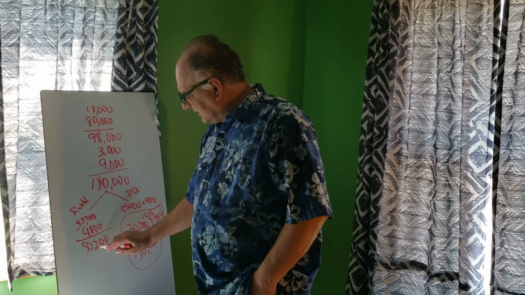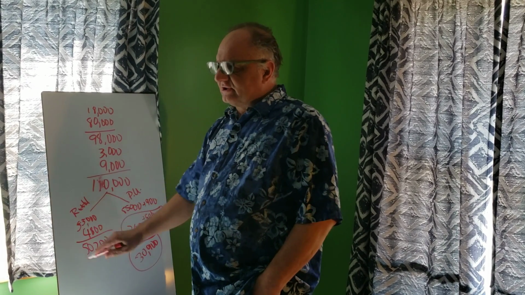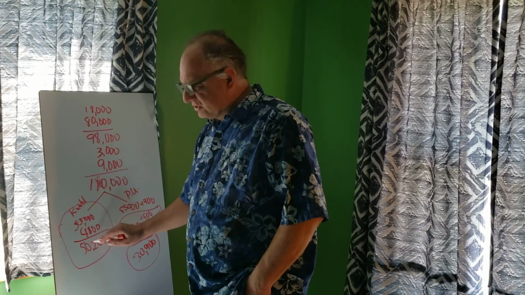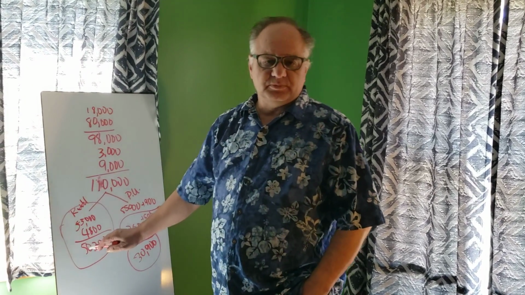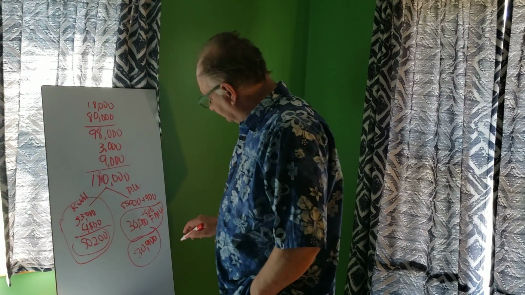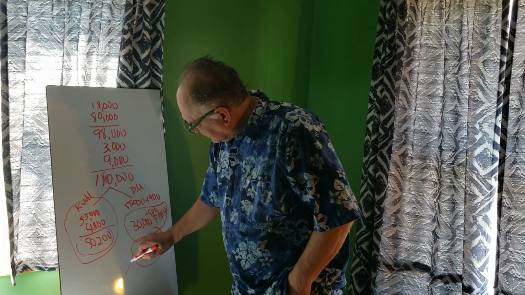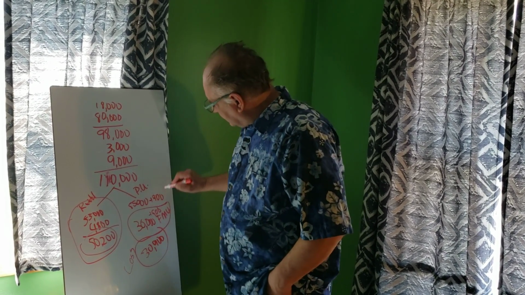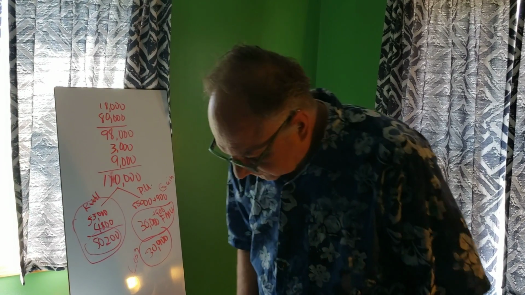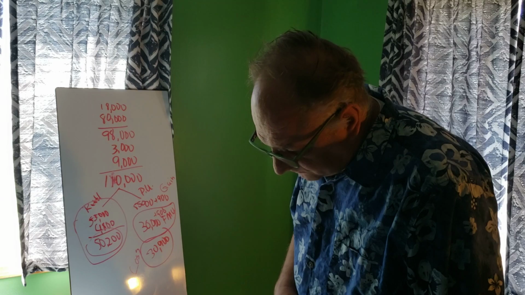This lower end value does not affect the rental piece of it. So she's going to continue to depreciate this just like she has been. This is my basis here. This is my loss basis. This is my gain basis.